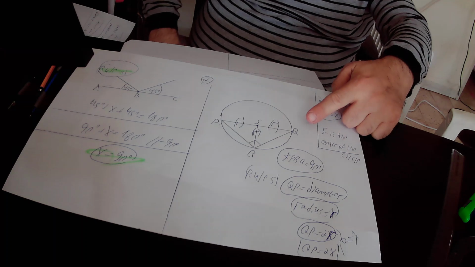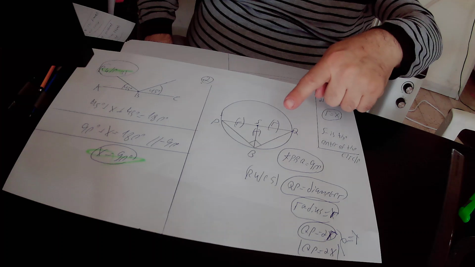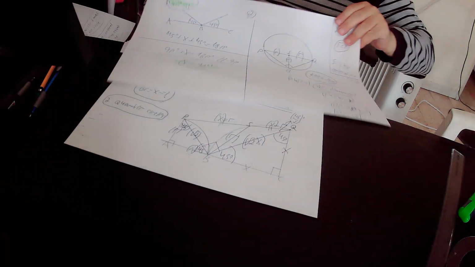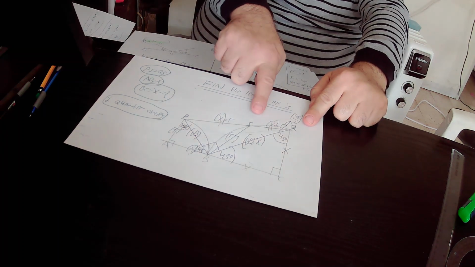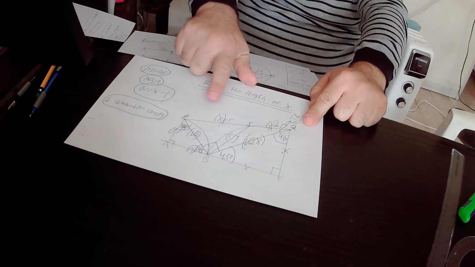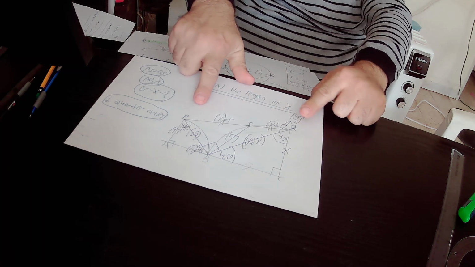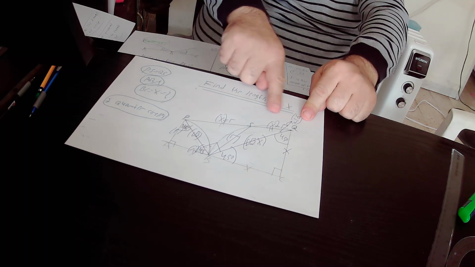So if we define the radius of this circle as R, then the diameter QP must be equal to 2R from one side, but from the other side, it is given in the question that QS equals SP. So if we define QS as X, then SP must also be equal to X because they are equal to each other. So in total, QP equals QS plus SP.